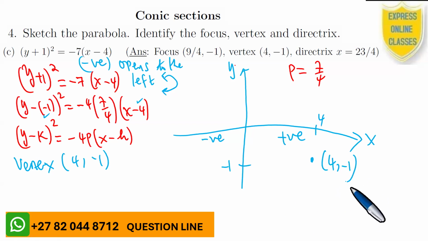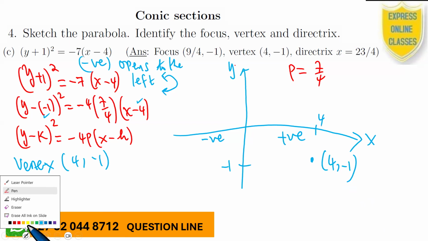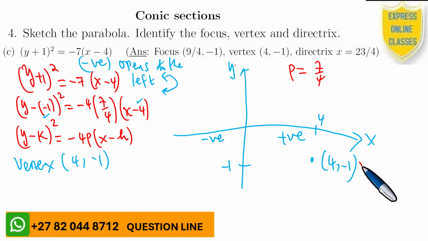Okay, so this is the vertex, which you can easily read off from the equation. Because x is negative, and x is negative on the left of the origin, it means that it opens to the left.